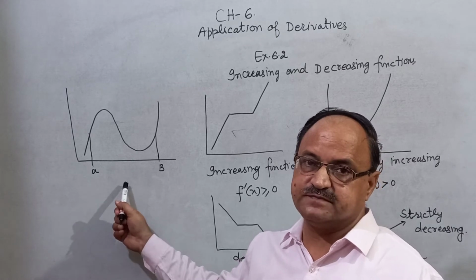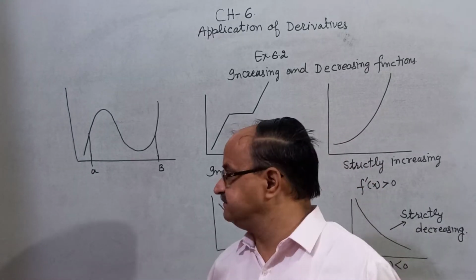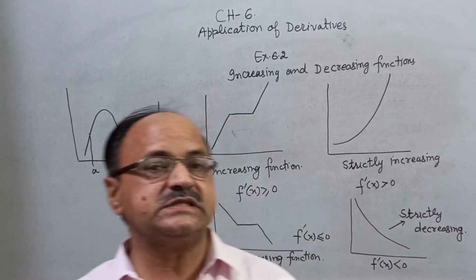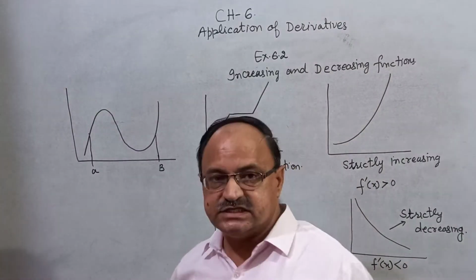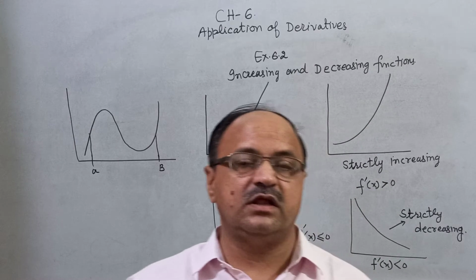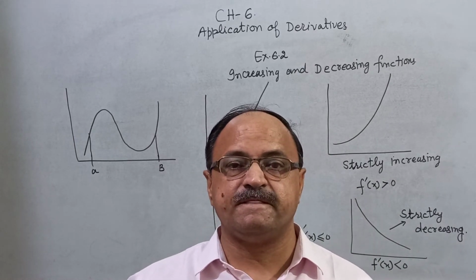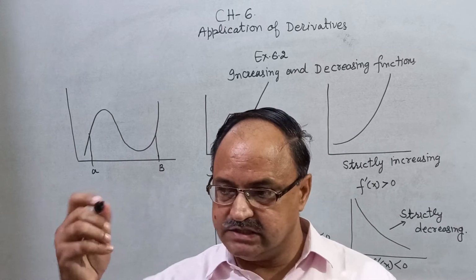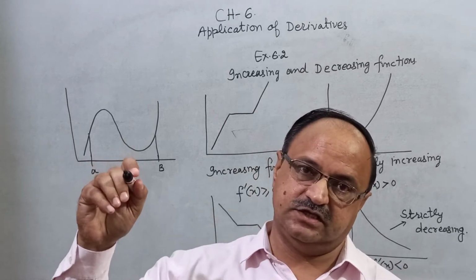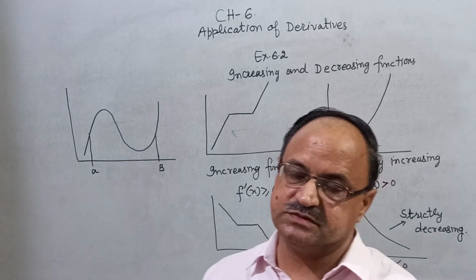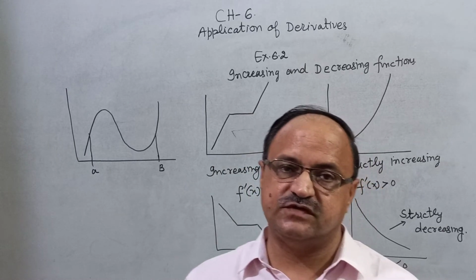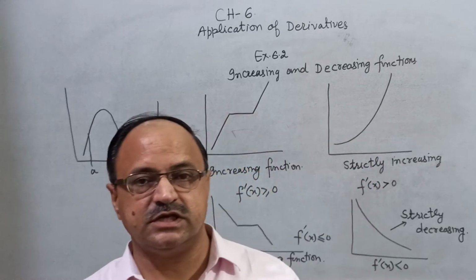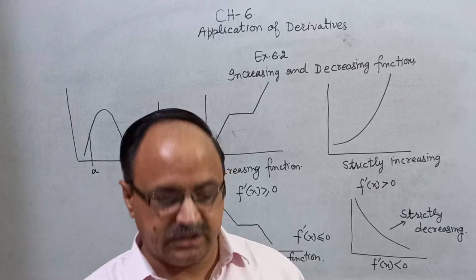This is the main point. Suppose you want to prove that the function is neither increasing nor decreasing, it means in that interval the function is sometime increasing and sometime decreasing. Clear? If this type of possibility, you can say overall in this interval the function is neither increasing nor decreasing. Clear?